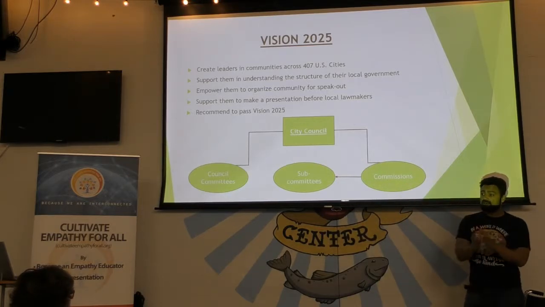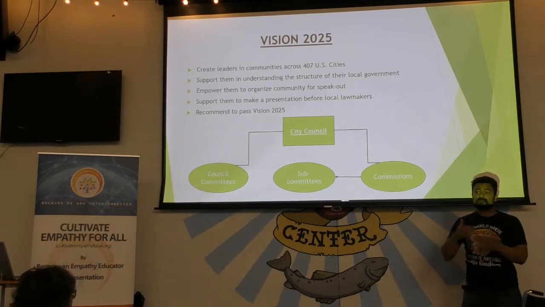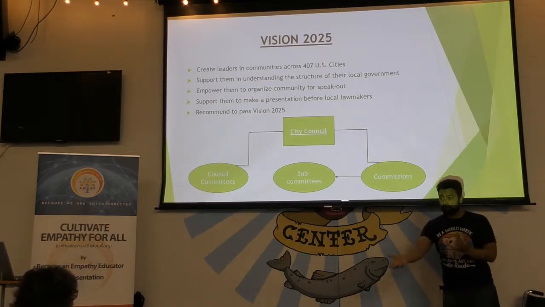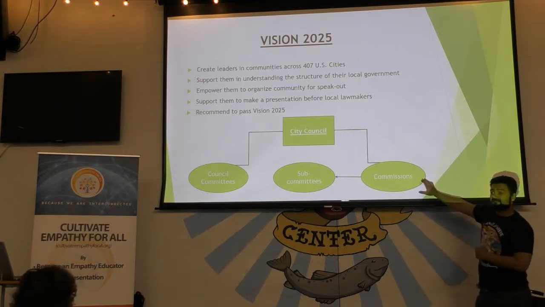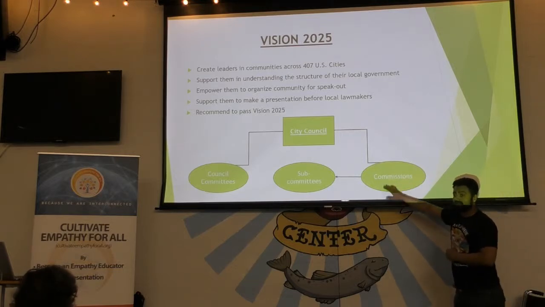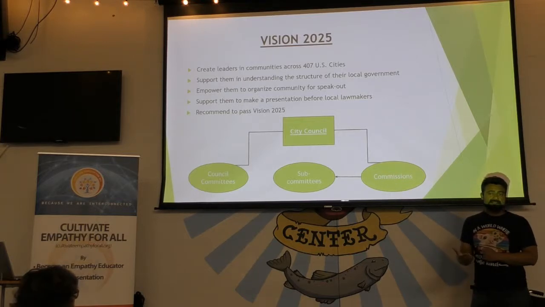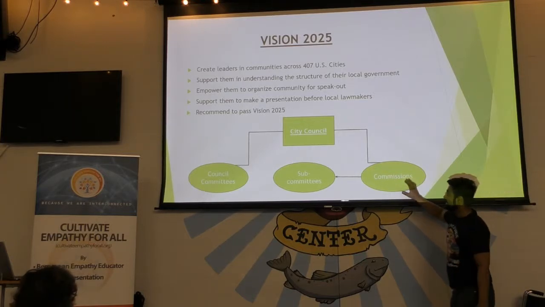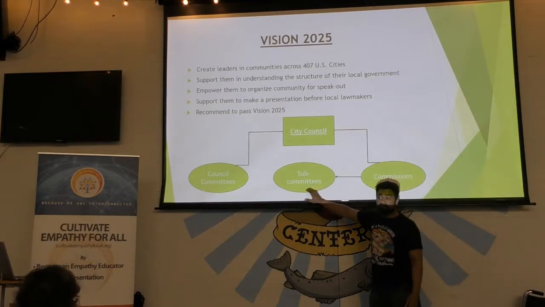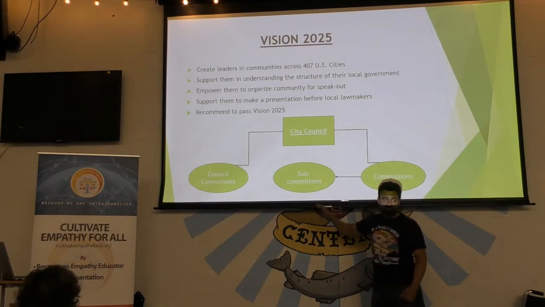The commissions also have a limited scope, meaning they address either environment, sustainability, or homelessness. So we can find out if there is a commission in our own city that addresses the environment and sustainability, and we can speak to them. The commissions also form subcommittees, so we can go and speak with the subcommittees as well.